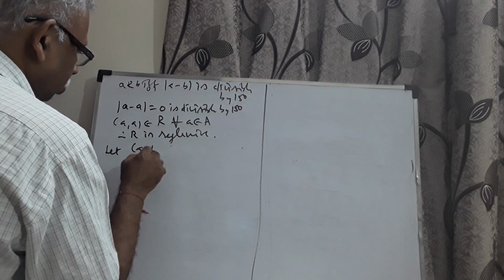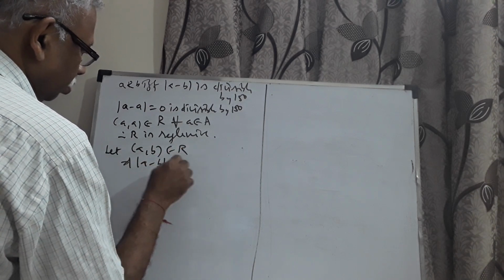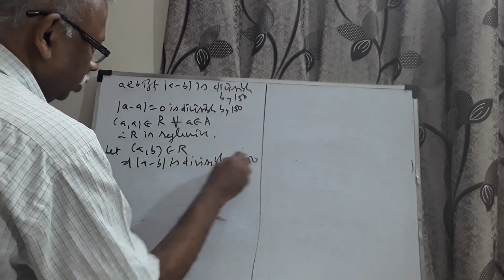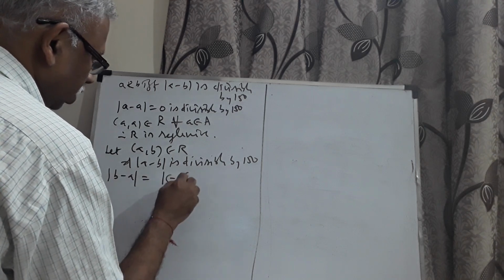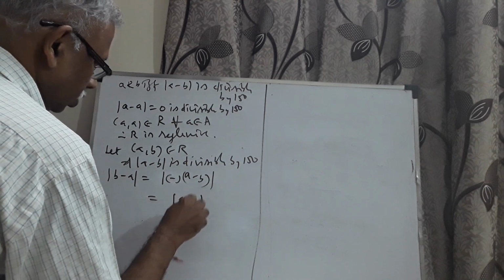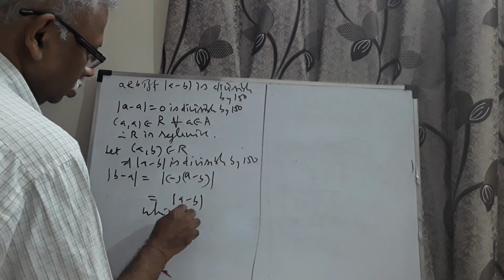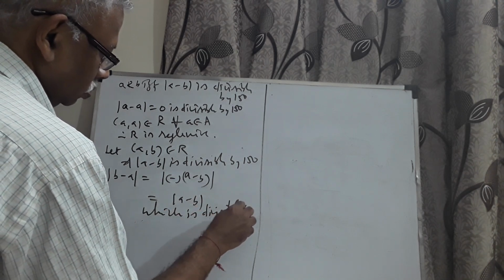Let (a, b) be an element of R, which implies mod a minus b is divisible by 150. Now think about mod b minus a, which is mod of minus of a minus b, which is also divisible by 150.